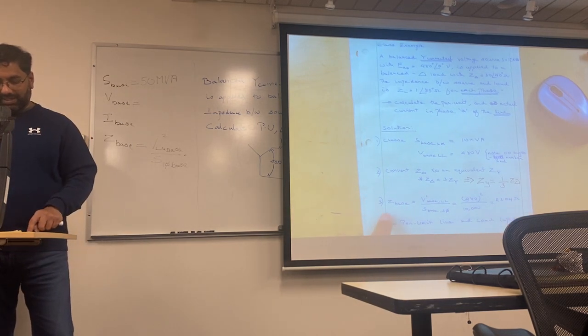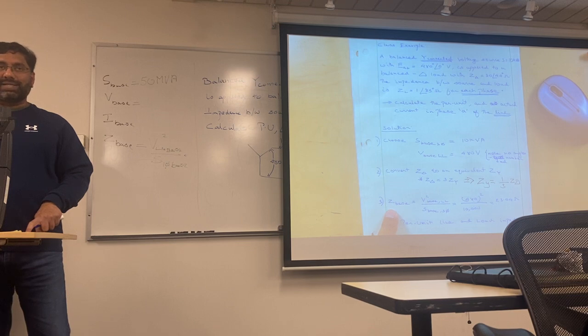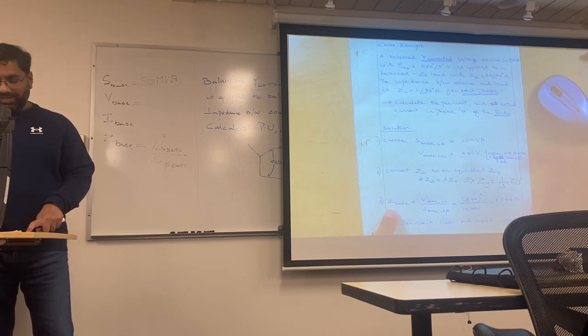Then my preference is to figure out the Z base immediately, because whether I'm on an exam or not, I just want to get the low hanging fruit. I already have defined my S base and V base, so it's easy enough to find my Z base. What is Z base?